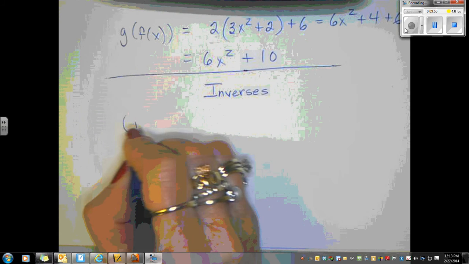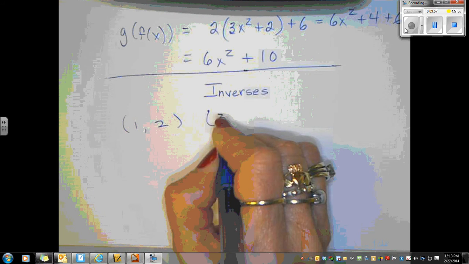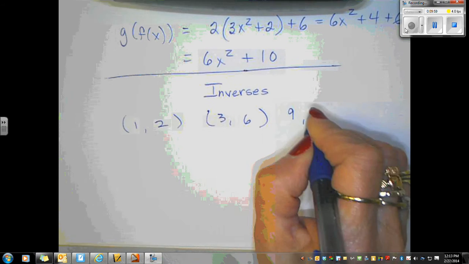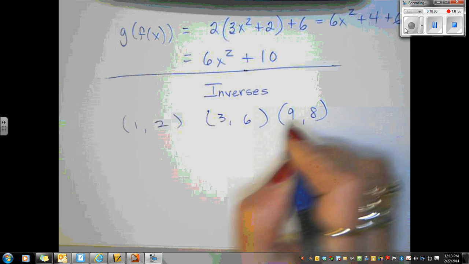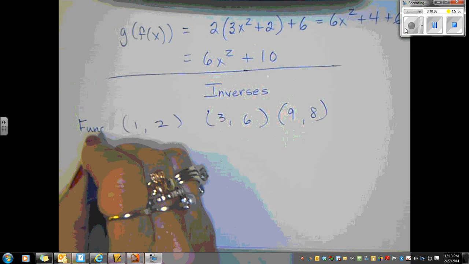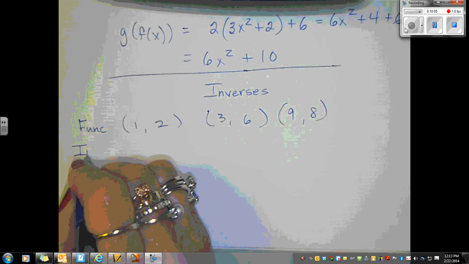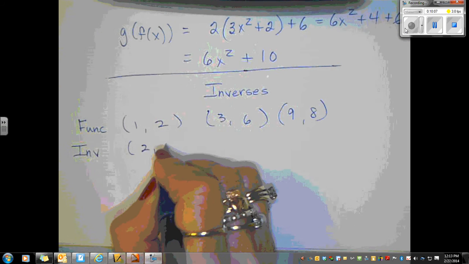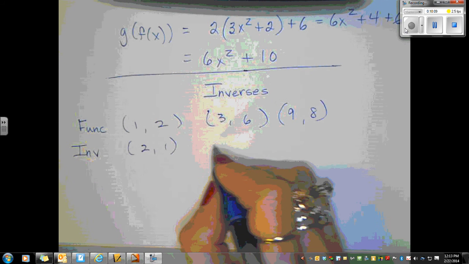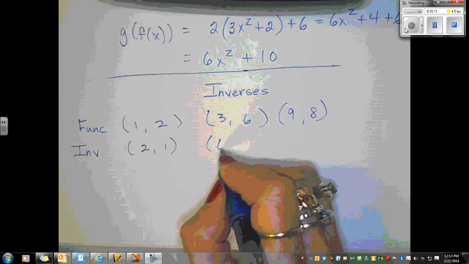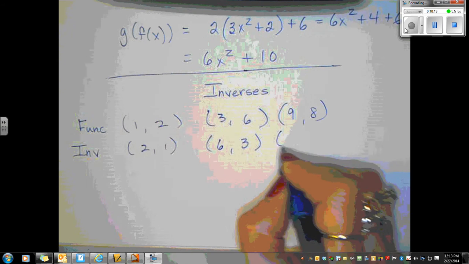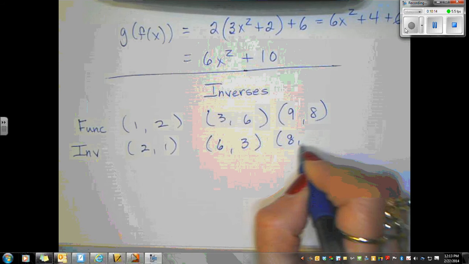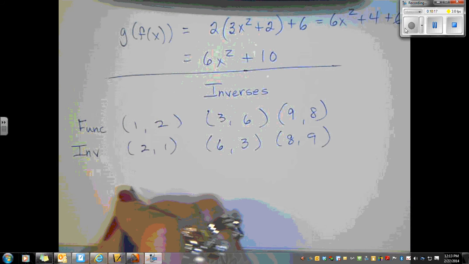You have 1, 2, 3, 6, 9, 8. This is your function. What's your inverse? 2, 1, 6, 3, 8, 9.